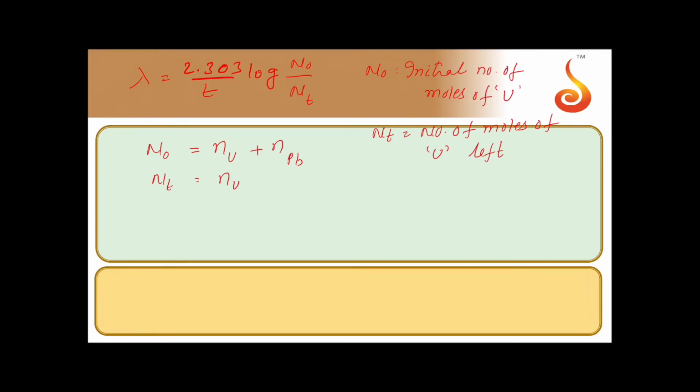Now they have given the percentage of uranium in pitchblende. So let the total mass of pitchblende be 1 gram.